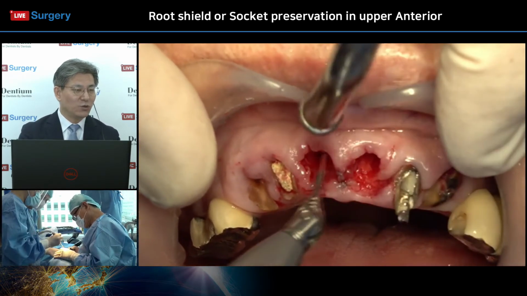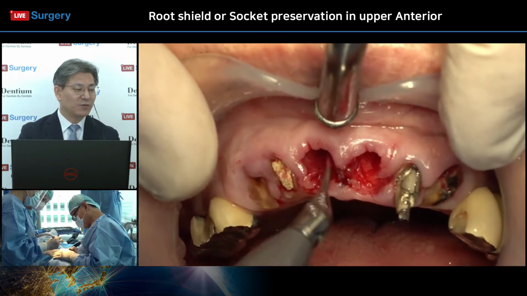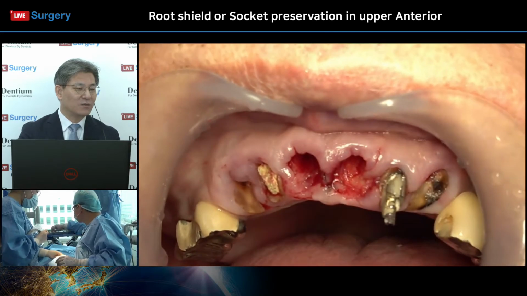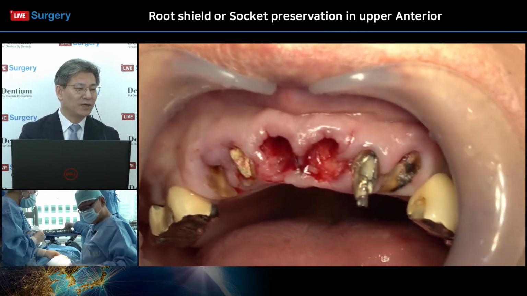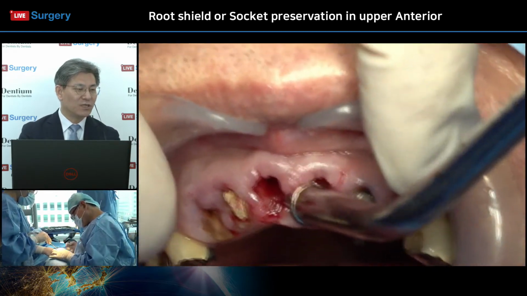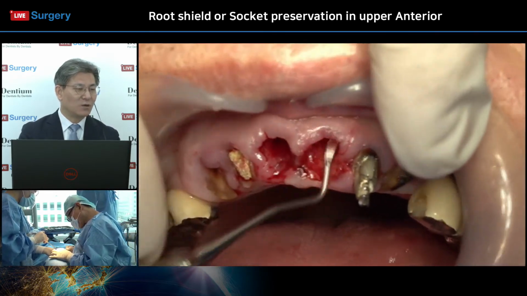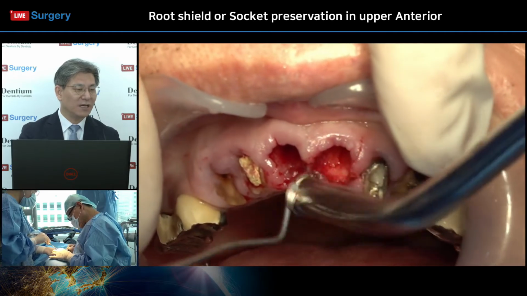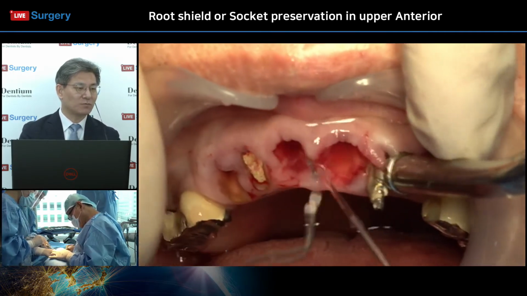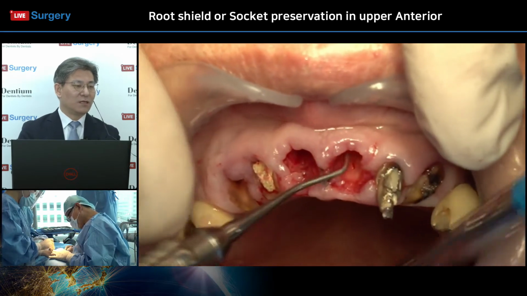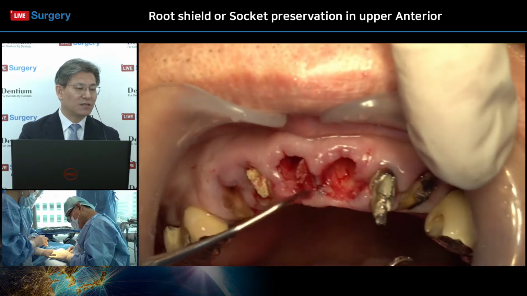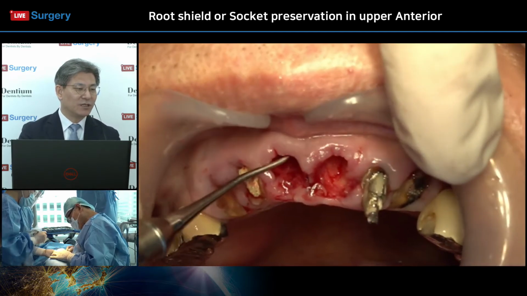We can use hand instruments, socket curettes, and a small round bar for removing the remnant of the lesion. Sometimes we can use this laser or tetracycline HCl for the detoxification. So there are many methods for socket detoxification.